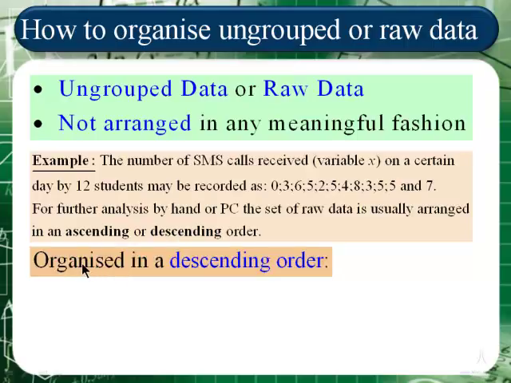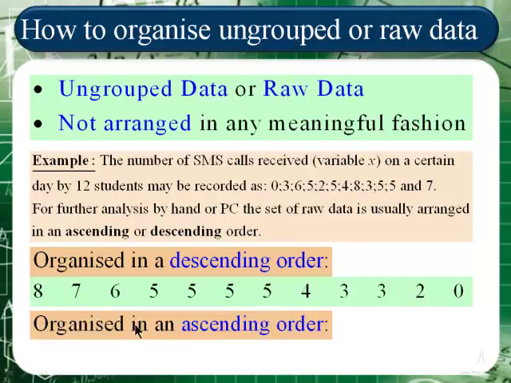So if, for instance, I organize this in descending order, I arrange it from the biggest value to the smallest. Or you can arrange it in ascending order, and this is from small to big.